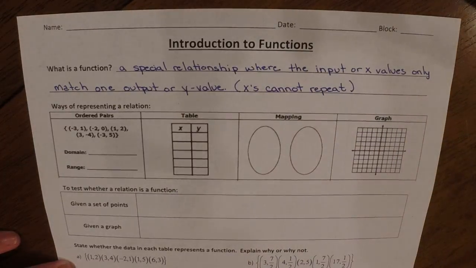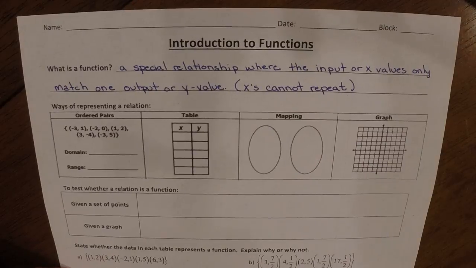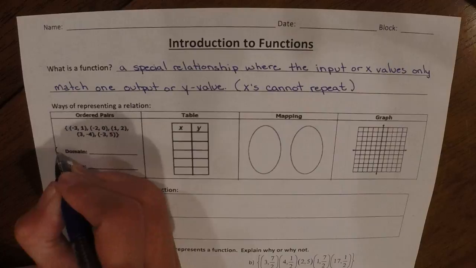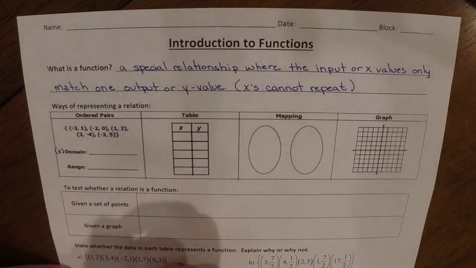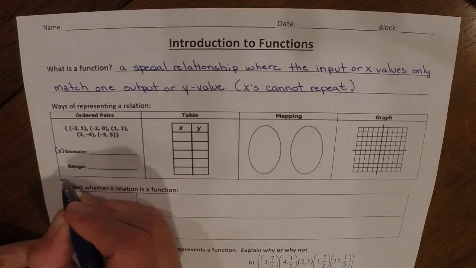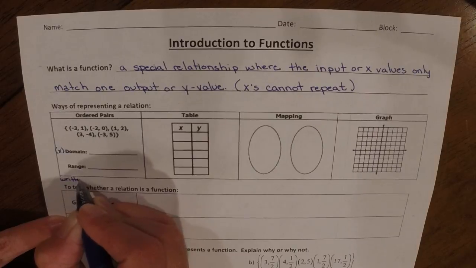So there are several ways to determine a function, and there's several ways to show a relationship. So if we're looking at, let's say, a set of points, the first thing that we would need to be able to do would be to pick out the domain. And again, the domain are the x's, and they need to be written from least to greatest.